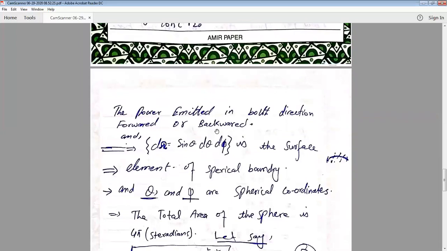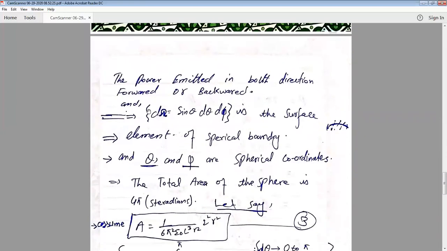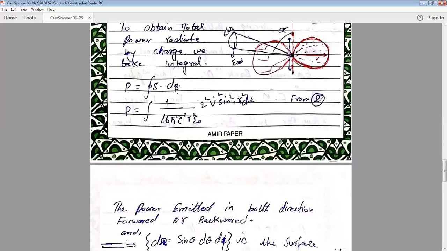Now the power is emitted in both directions, forward and backward. This is shown in the figure here. Let's say this is any area element, called d sigma.